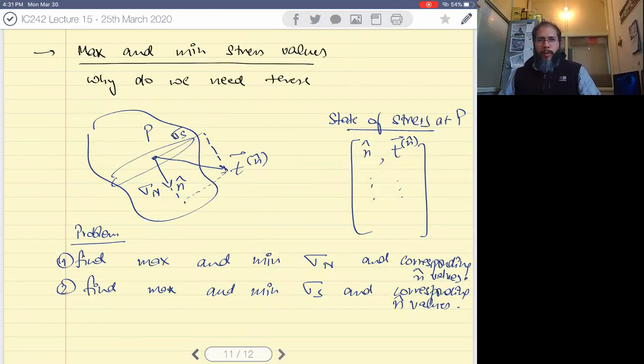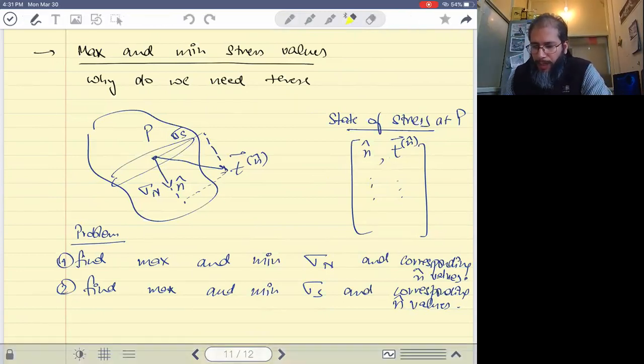So the problem we discussed was that if we have a point P and we define the normal and the shear components of our stress vector T, then sigma n comma sigma s is a combination. I mean, if I have the normal and the shear components available, I can always find the T out of it.